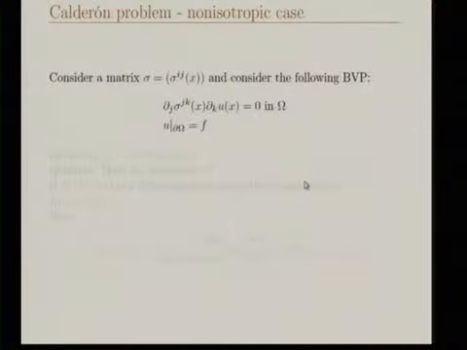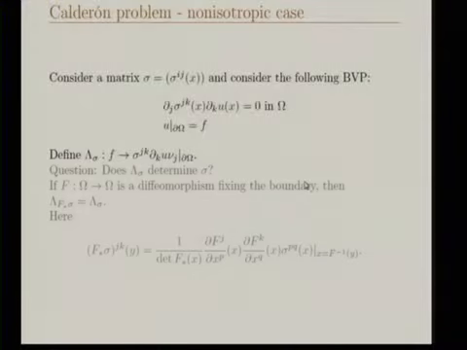And then you can ask the same problem. You consider the following boundary value problem, similar to what you saw in Professor Rakesh's lectures. Then you have lambda sigma, which is the Dirichlet data, and then you have the Neumann measurements, the Neumann data. So you define the Dirichlet-to-Neumann map, and then you ask the question: does lambda sigma determine sigma?